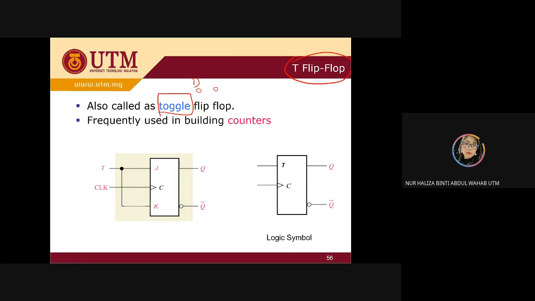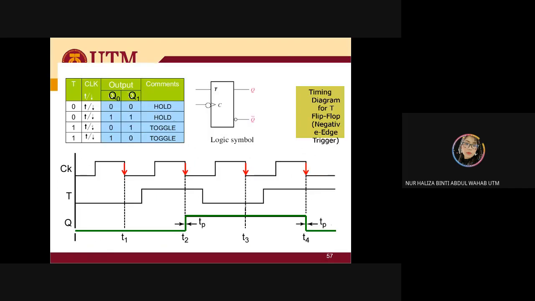If your input is 1, it's going to be 1 also for your Q. But when you see the toggle, of course, it's going to toggle in terms of the value. But which part will toggle? It will only toggle when you have T equal to 1. If T is 0, it's going to be no change.